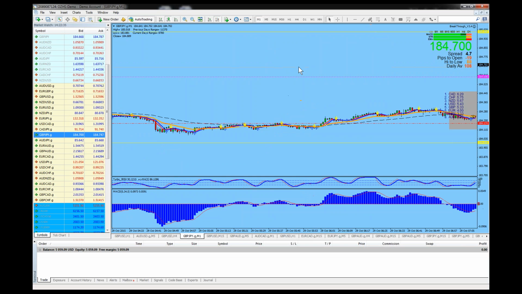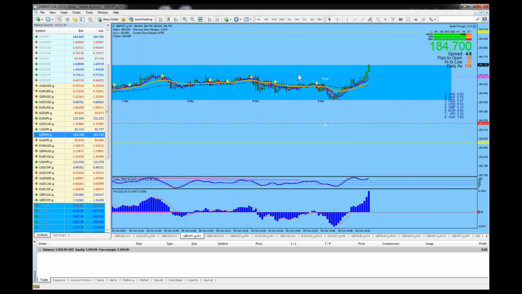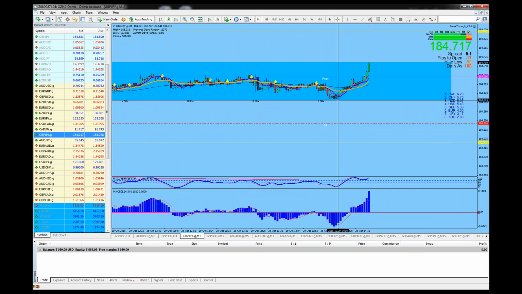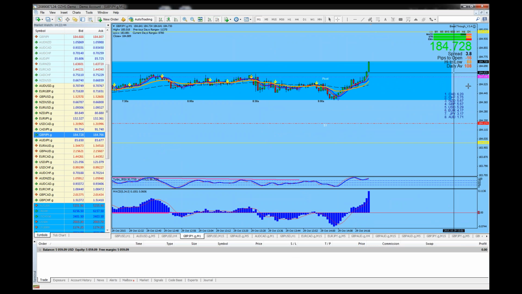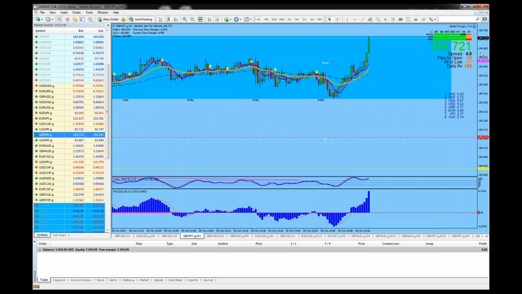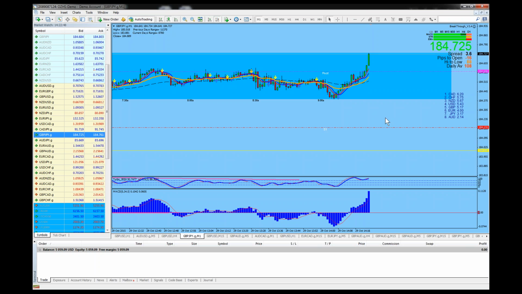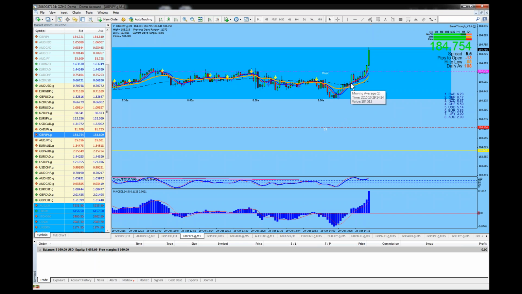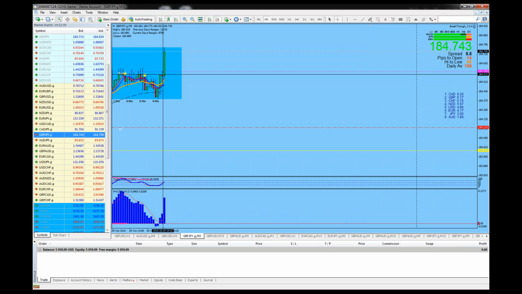But let's go down to a 1 minute, because we need a way into this. And on 1 minute, there's no way in. And it's 10 pips past my entry price, which was right here.